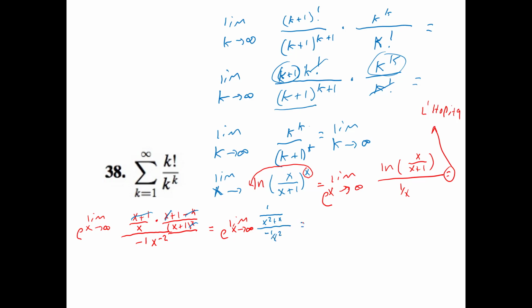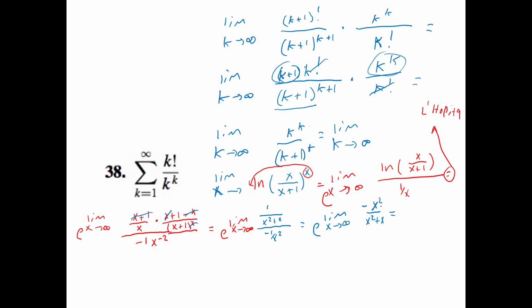And so then this becomes e raised to the limit as x goes off to infinity of negative x squared over x squared plus x.